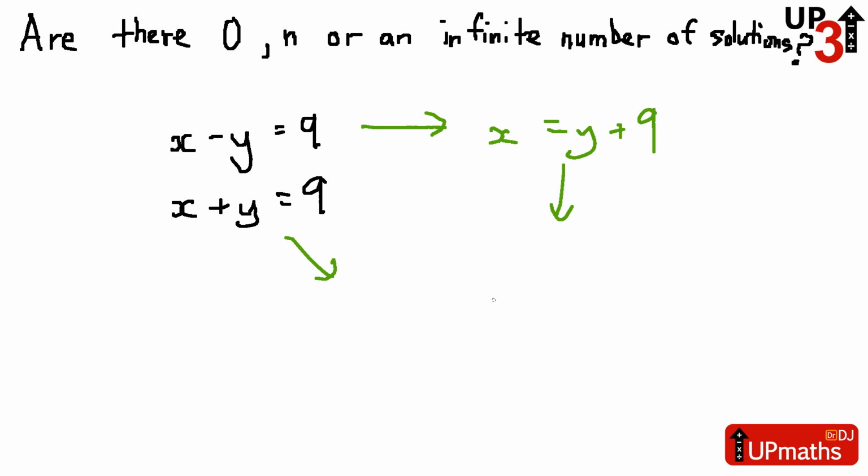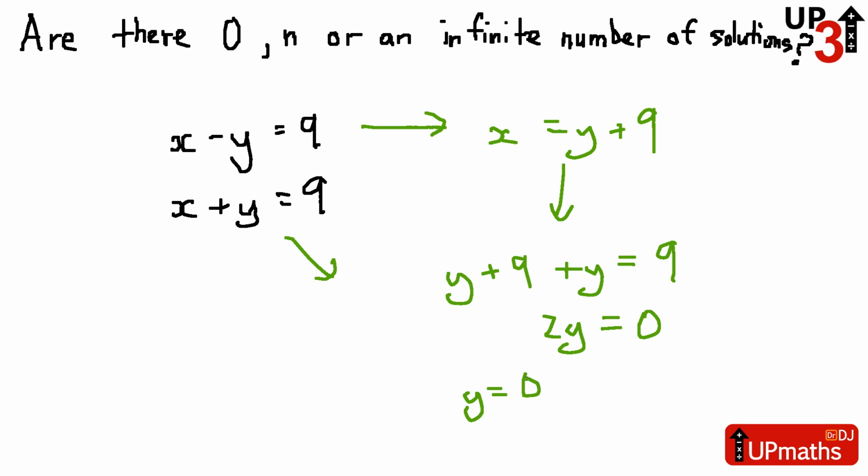And then I'm going to sub that in. So I get y plus 9 plus y equals 9. So that means that 2y equals 0, so y equals 0. We still don't know, so we need to find out what happens to the x in this place. So x equals 9. That works. So there's one solution.